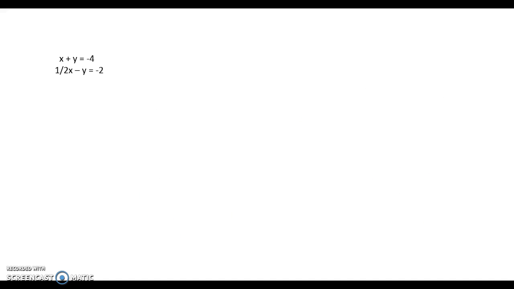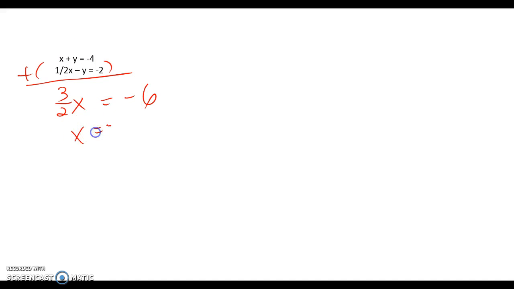Let's try another one. Notice I can add these equations together easily because I have a plus y and a negative y. So let's add them up. So 1x plus 1/2 x is 3/2 x, and then the y's drop out, equals negative 6.